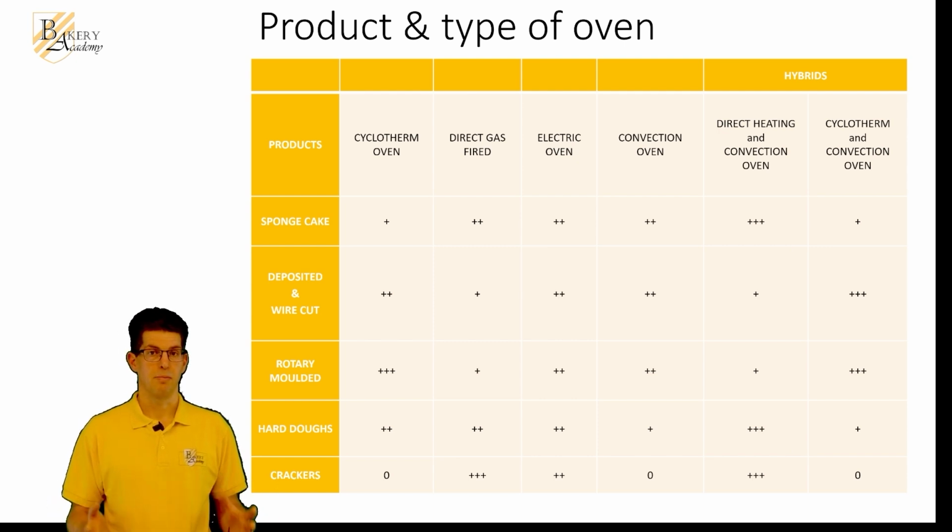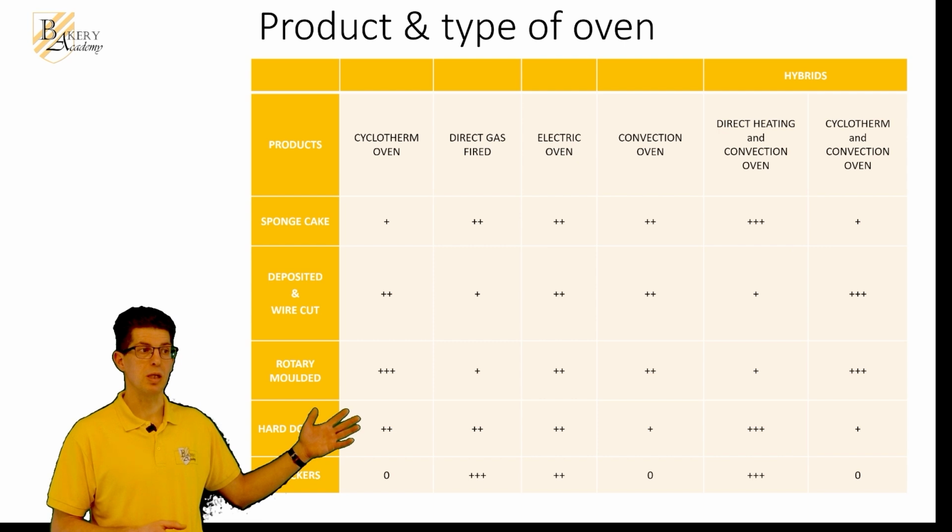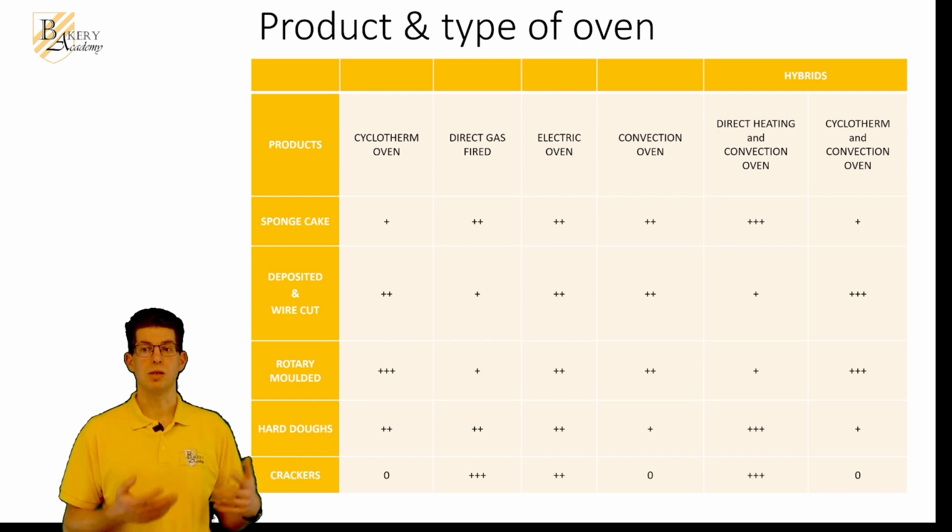Of course, baking time, baking speed are quite different for cakes versus cracker or hard doughs. So there might be a challenge in the oven on that part. But from a technology point of view, as we see here, we have many choices, some are more optimal than the other.